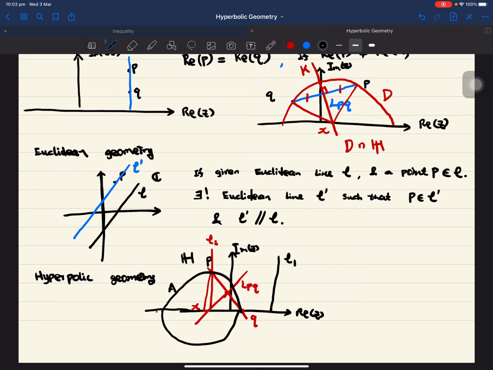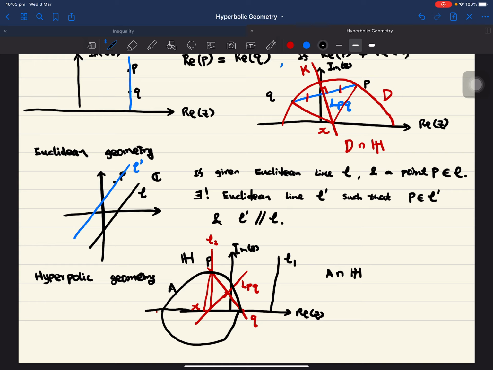Let's call it A. So A intersected with the hyperbolic plane is another hyperbolic line that is parallel to L1 and passes through P.